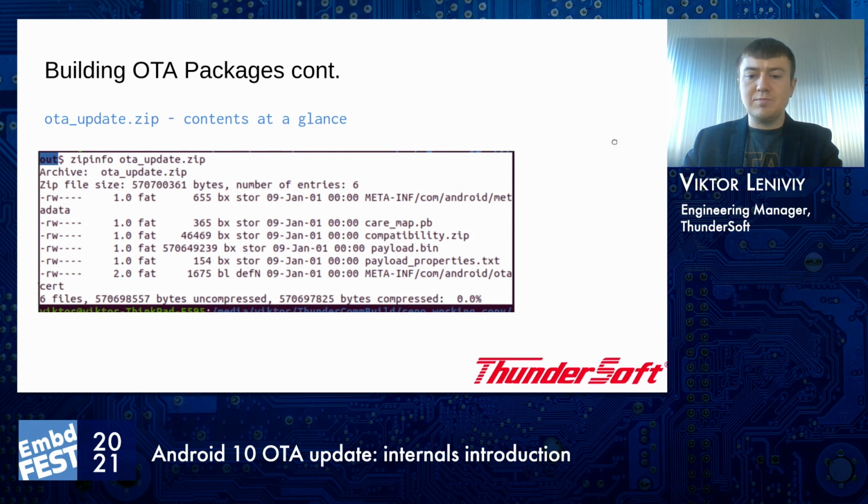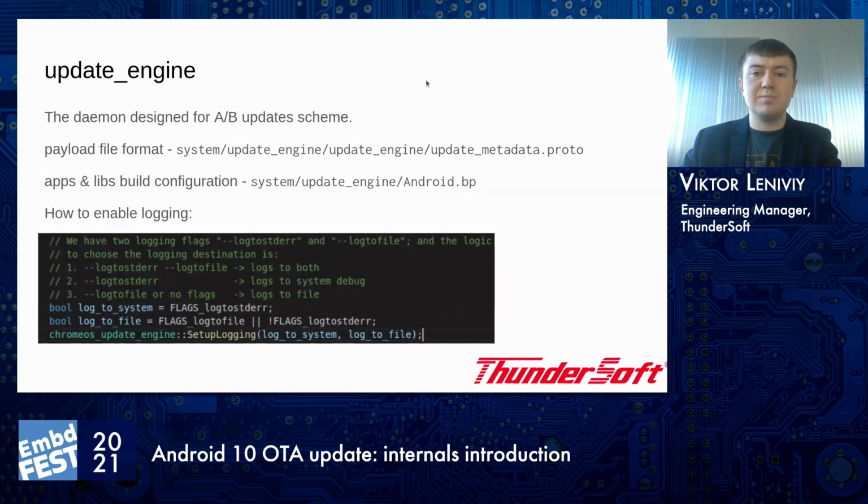And update payload bin is a binary file, which includes almost all the essential things needed for providing the update. So its format is also wrapped inside the source code, but it is possible to find it.